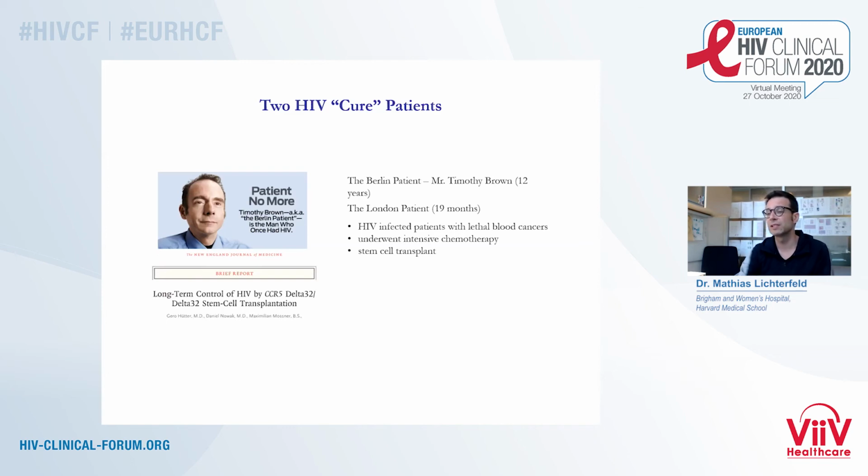You may have seen the recent news that he actually had a recurrent leukemia, which was the original reason for getting a bone marrow transplant, and he just died relatively recently. But he has sort of been a model and a paradigm for how a cure for HIV would possibly be inducible.